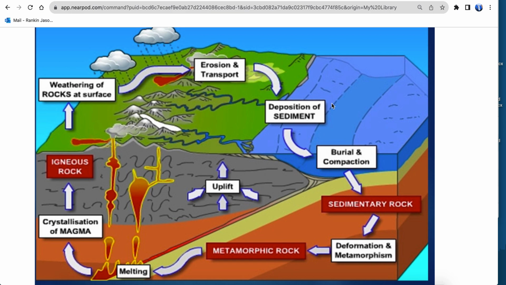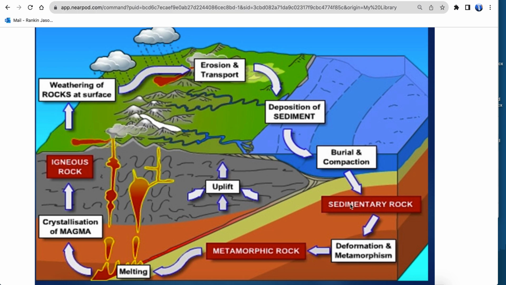In your basins, such as the oceans or lakes or ponds, you would have deposition of sediment. And you have deposition upon deposition upon deposition, layer upon layer, which helps bury and compact the sediments. And this will help lead that into becoming sedimentary rock.